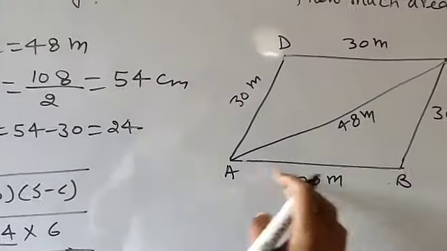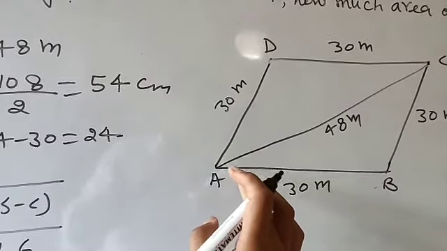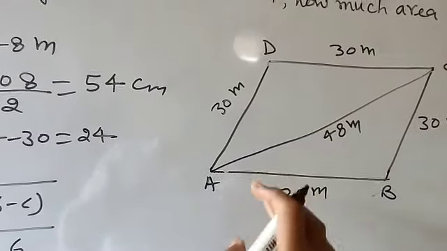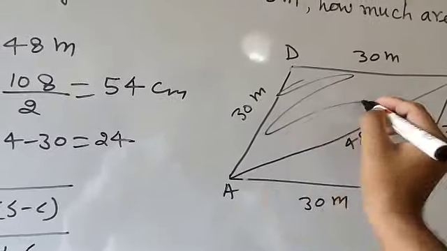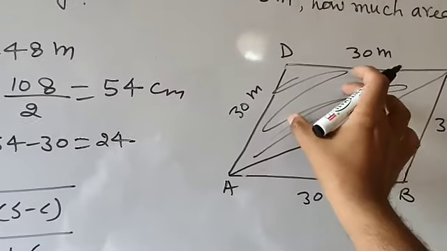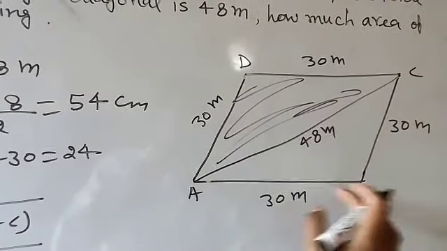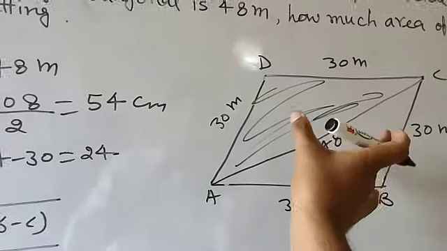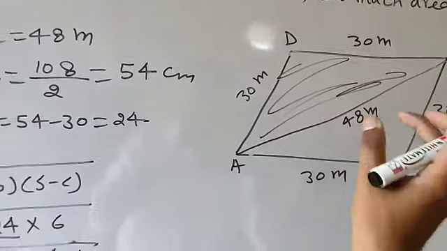You need to find the area of the rhombus. The total field is in the shape of a rhombus. So if you have the area of this portion, then whatever the area of ADC is, that will also be the area of ABC. So it means area of the total field equals this area multiplied by 2.